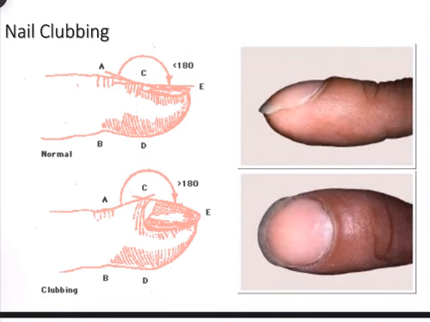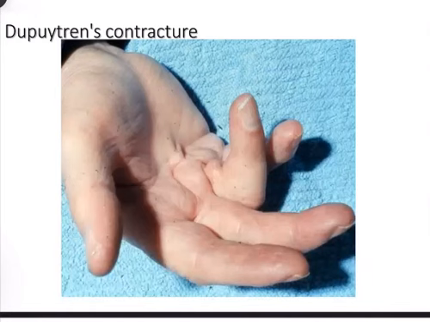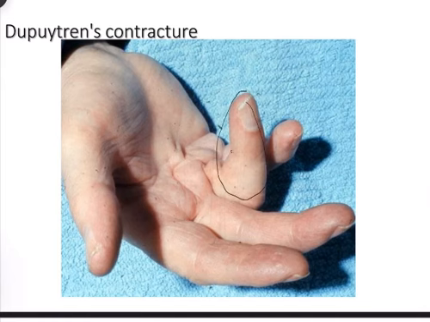Okay, it's your nail clubbing. Your Dupuytren's contracture, hindi mo na maigalaw yung finger. Nagkaroon na ng paninigas. Hindi na i-bend ng normal. Hindi na maibalik sa normal.